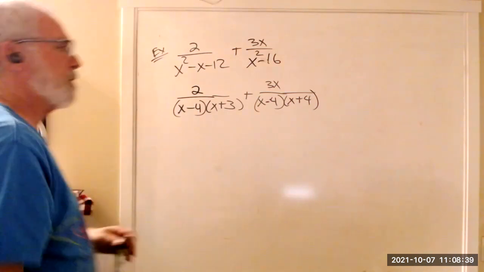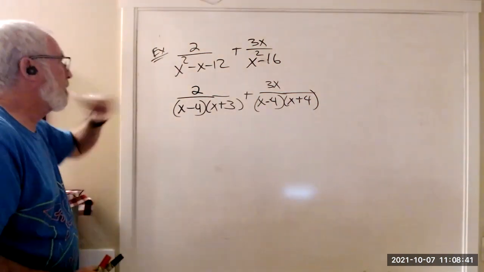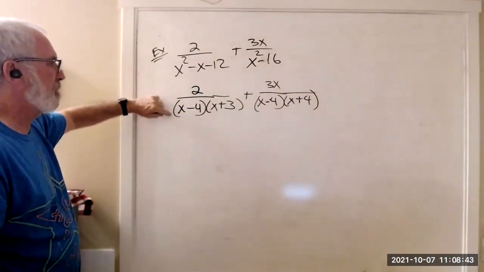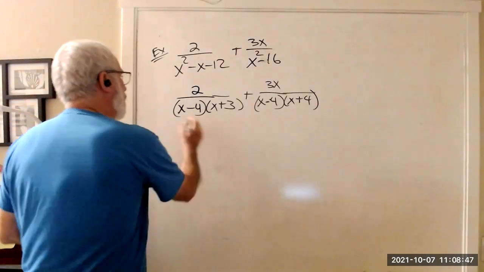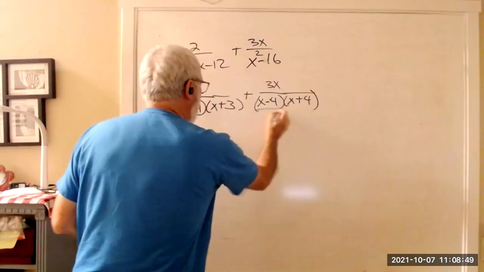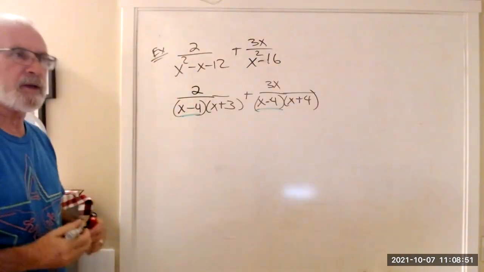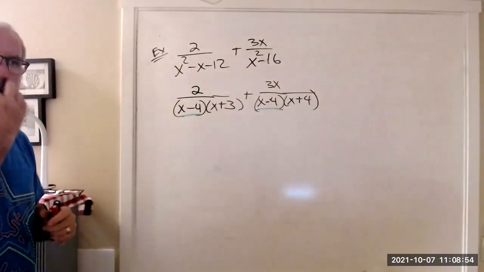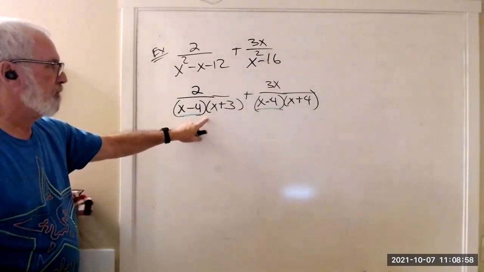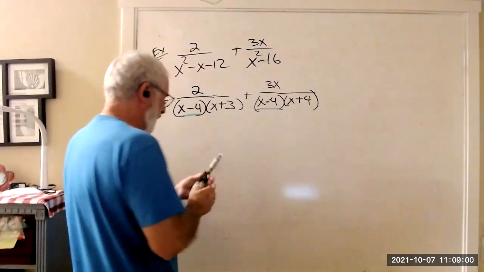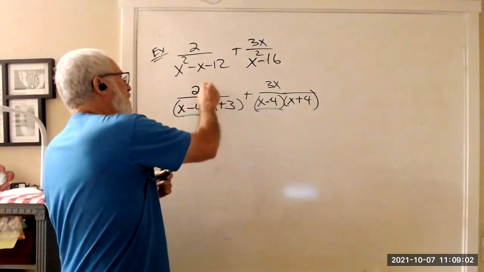While the recording was turned off, I factored the denominator, and I can see now that they already have a little bit in common. So now I play the what's lacking. The first fraction is lacking an x plus 4. So I simply give it to it.